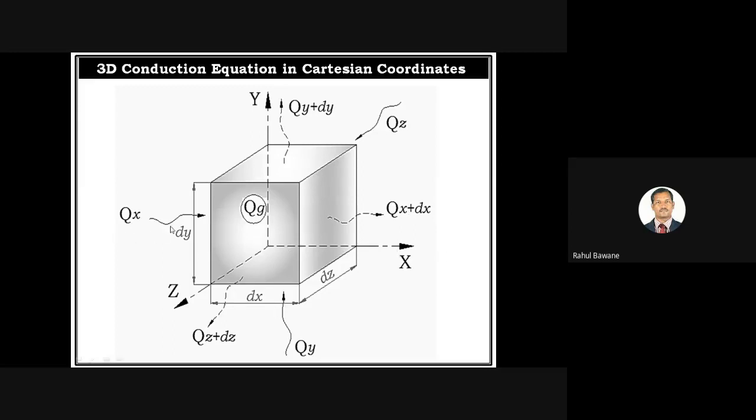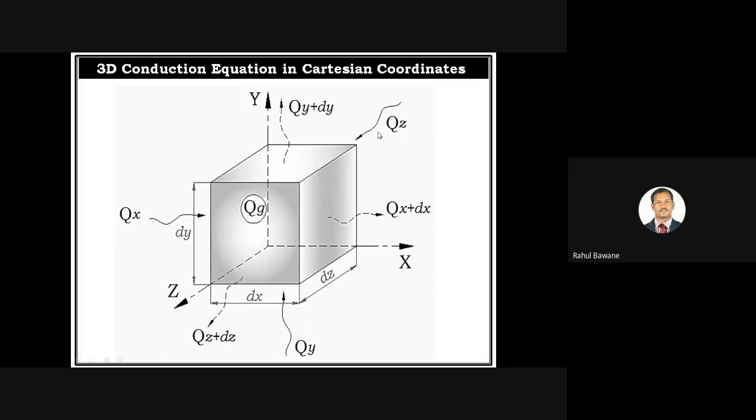In the same way, consider the y direction. Qy is the heat entering the element from the bottom face, with area dx by dz. This heat travels through the element a distance dy and comes out as Qy plus dy.